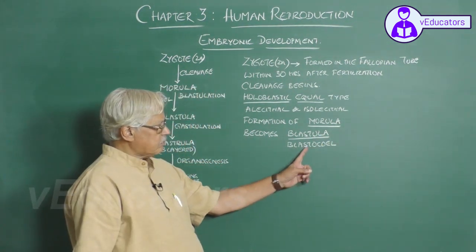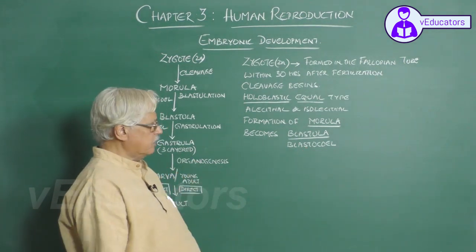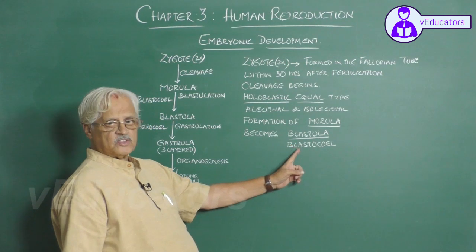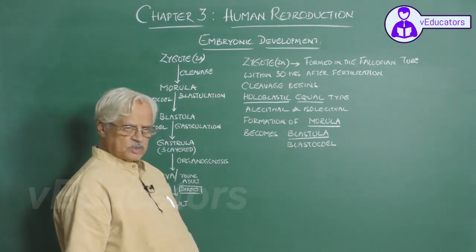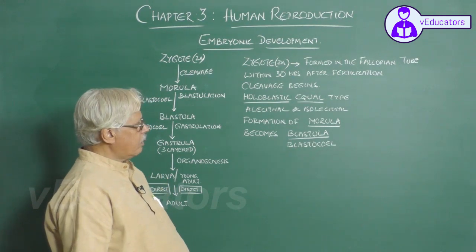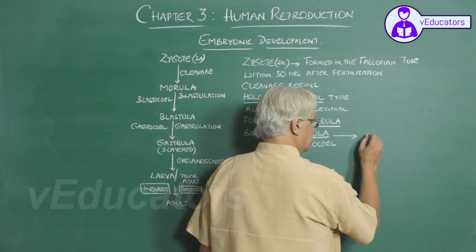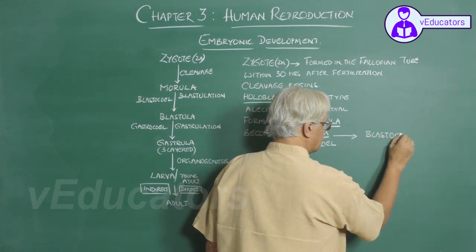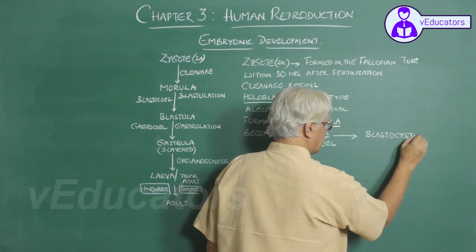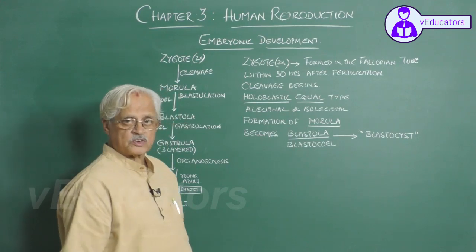Surrounding this cavity, the cells become arranged all over in the form of a single layer. Human blastula appears like a cyst, so it is commonly described as blastocyst.